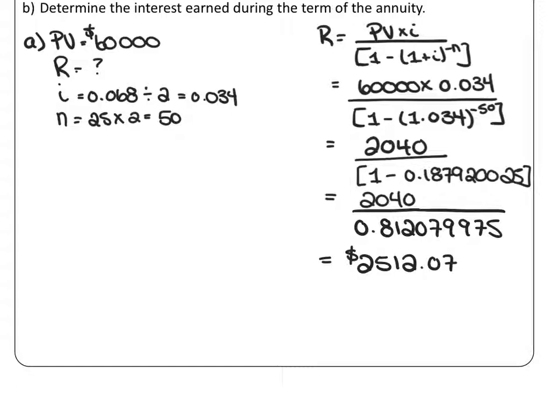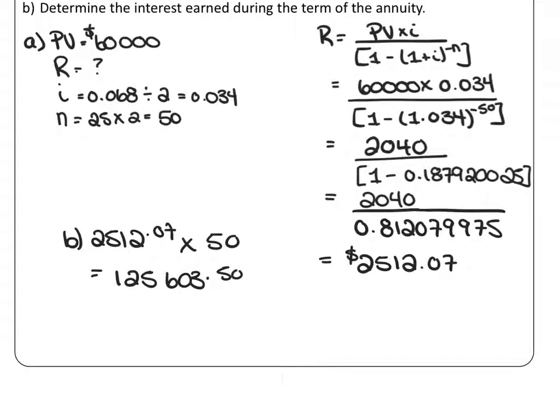Okay, the last thing you're going to do, B, is how much interest was earned. So if this was the payment that you get, let's multiply it by how many times we get it. 2,512.07 times 50 is $125,603.50. And then our interest is the difference between that and what we started with.